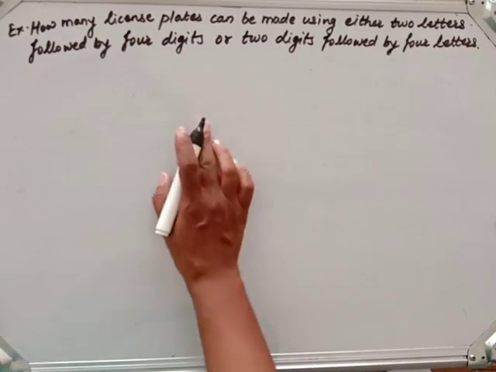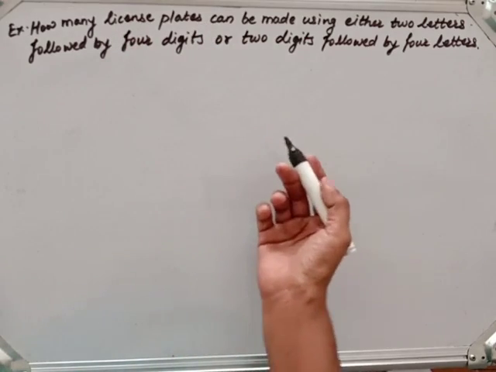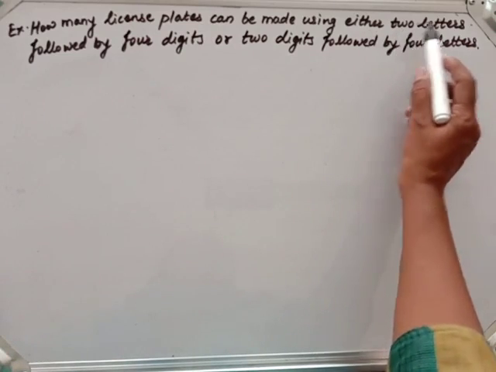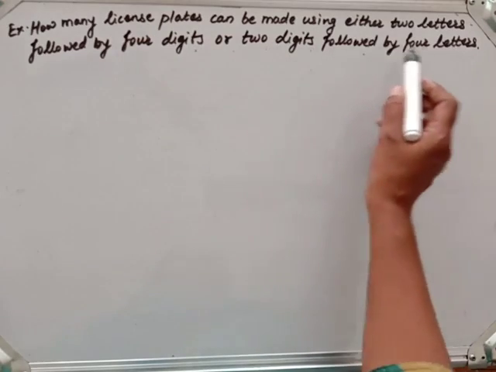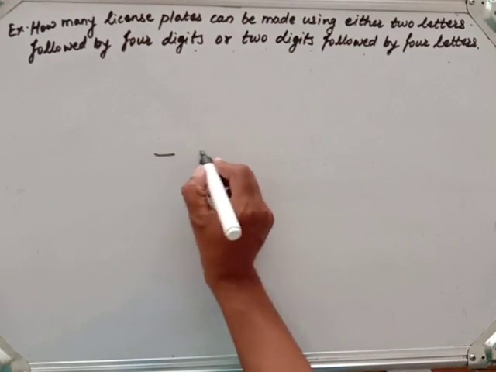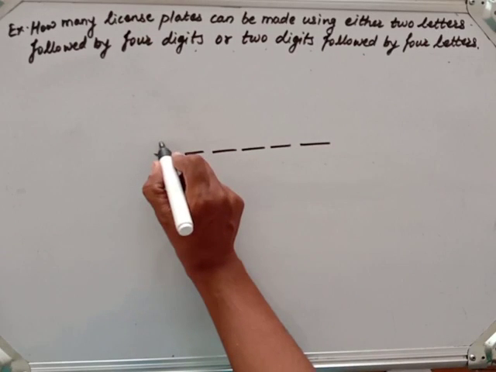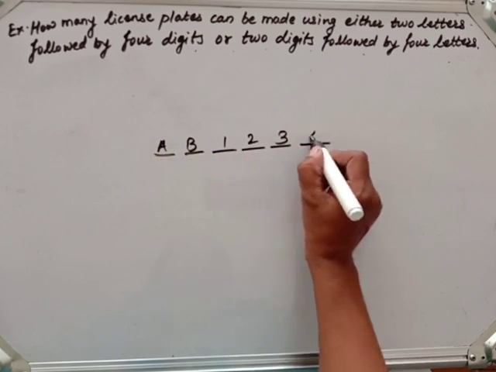Now here we have to prepare license plates. How many can we prepare of this kind? Which kind? Those with 2 letters followed by 4 digits, or 2 digits followed by 4 letters. Some of the license plates are of this kind: letters, suppose A, B, and then numbers 1, 2, 3, 4.